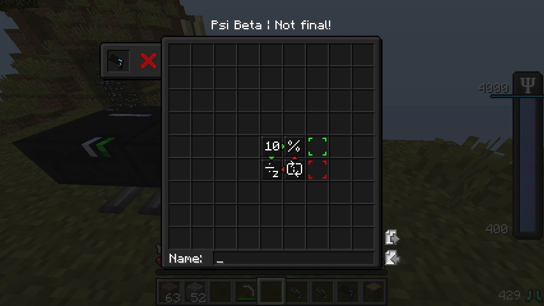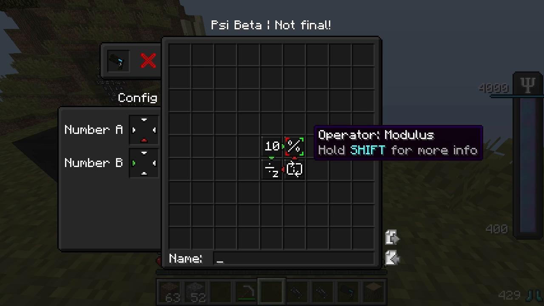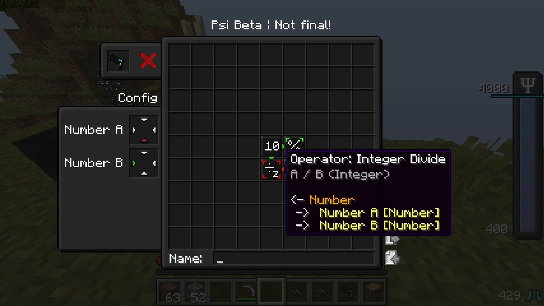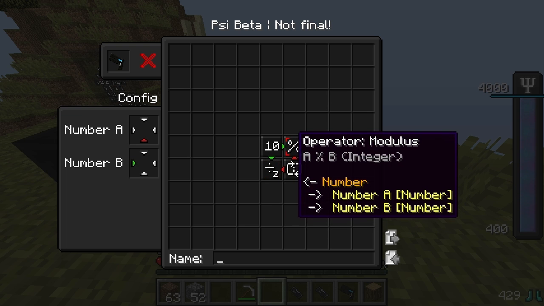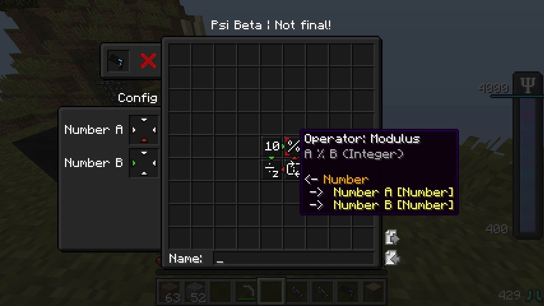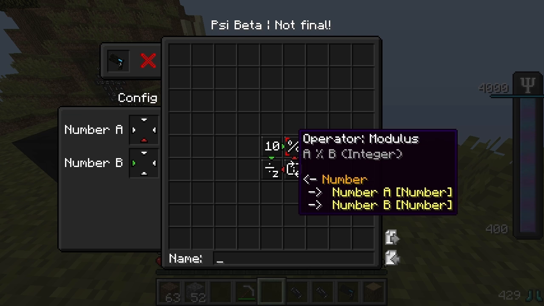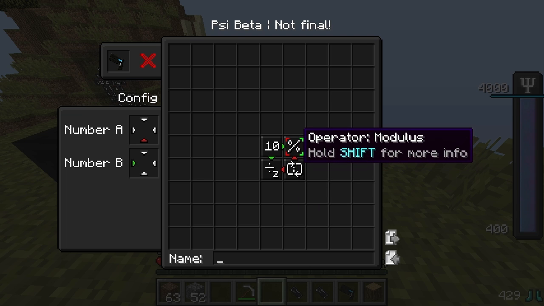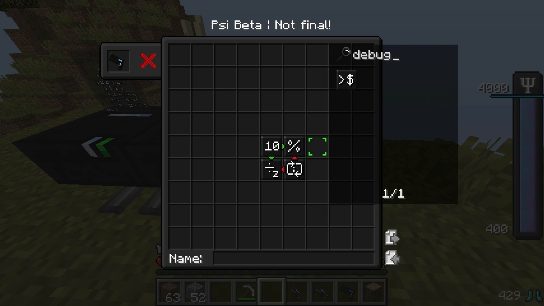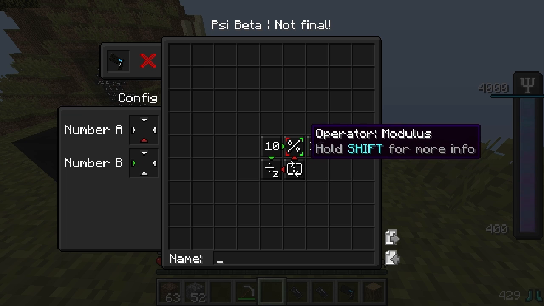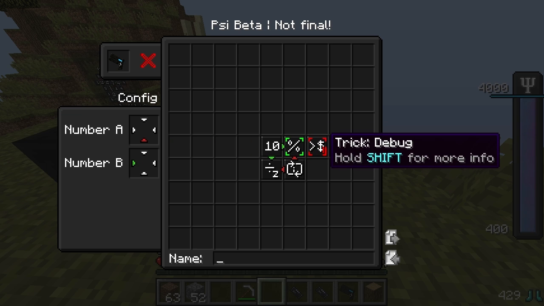So every 10 it should go up by 1 on both of them. Oh, this is modulus, isn't it? This is the remainder one. Yeah, I think I actually did know that.